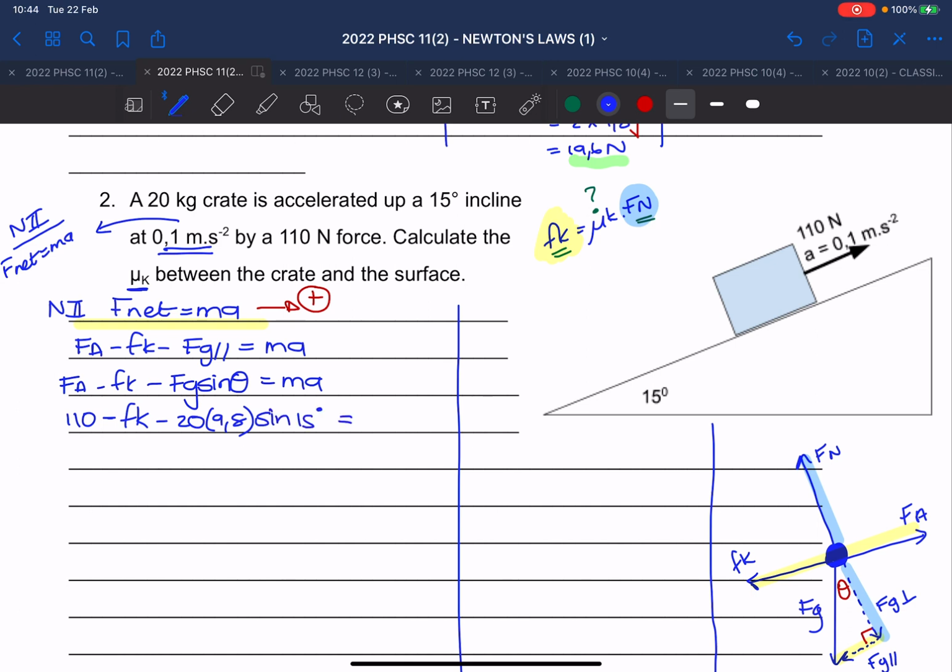Equal to the mass, 20, and the acceleration. Okay. So I substituted everything. Up until there you can already get 4 marks. Okay, so we want to get FK.